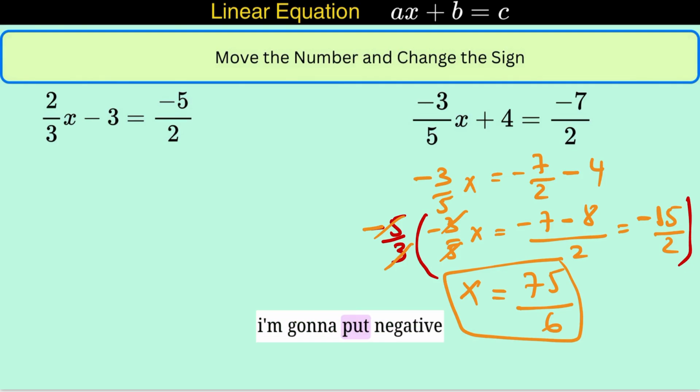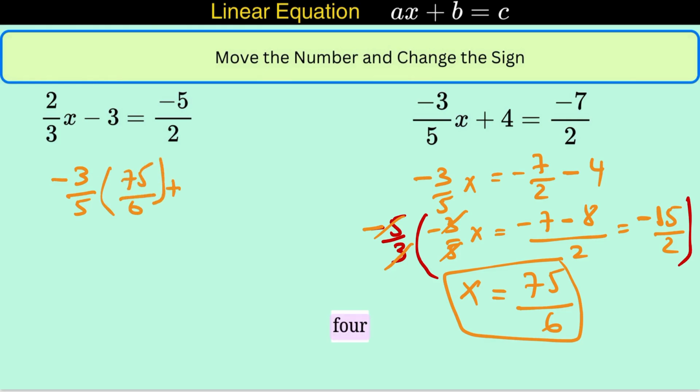So I'm going to put -3/5 times 75/6 plus 4 is equal to -7/2. Here, I'm going to cancel: 3 divided by 3 is 1, 6 divided by 3 is 2.